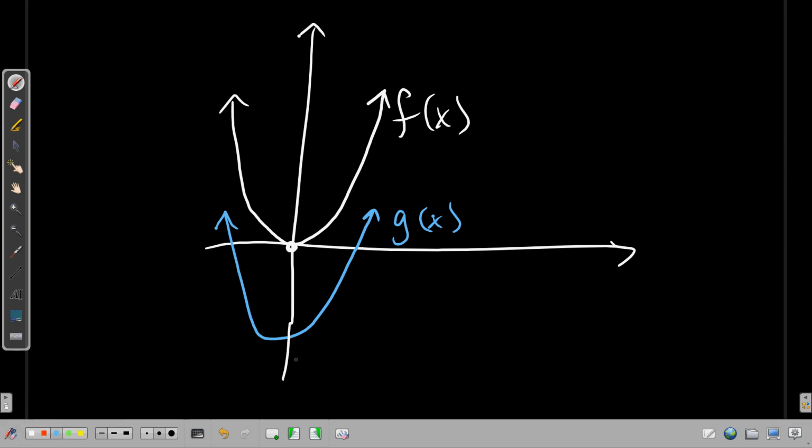The g of x is the same thing as f of x, it just got slid down to this point a.